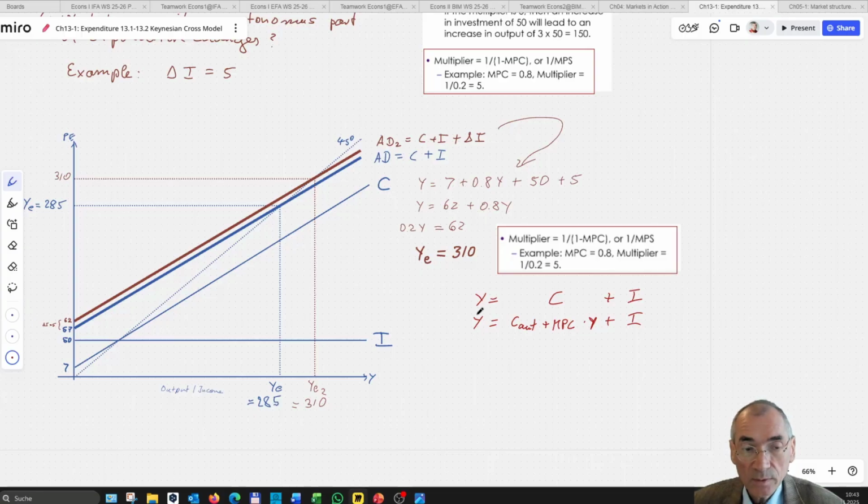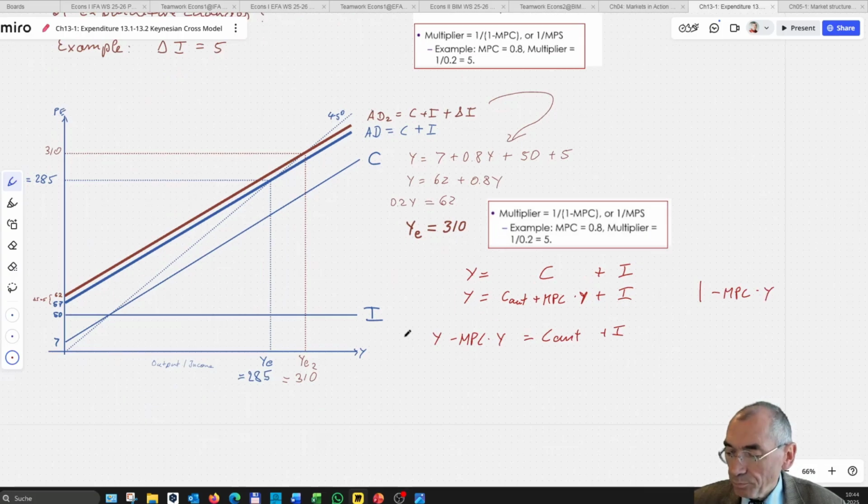So we subtract MPC times Y as we did before. In doing so, we have the Y parts on the left-hand side and both autonomous parts on the right-hand side. So Y minus MPC times Y can be rewritten as Y times 1 minus MPC.